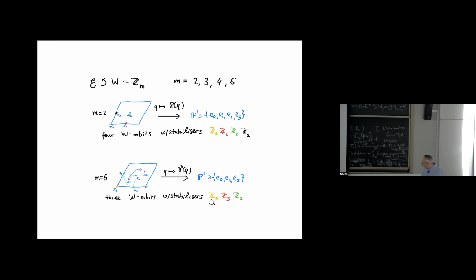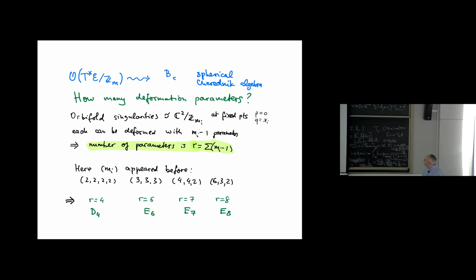Okay, so now we want to consider spherical periodic algebra. How many deformation parameters do you have? If you look at this orbifold, the singularities locally look like C2, but quotient not by the full Zm, only by the stabilizer. So locally the singularities look like these cyclic singularities with corresponding mi, at the fixed points, the special orbits.